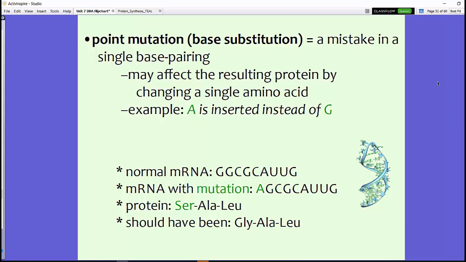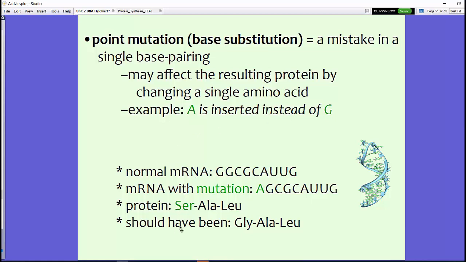This may affect the resulting protein just by changing a single amino acid. And sometimes that could have devastating effects. Sometimes, even though it just changes one letter, it is still the same amino acid. An example could be that an A might be inserted instead of a G. Now, this could have effects, but sometimes it doesn't.